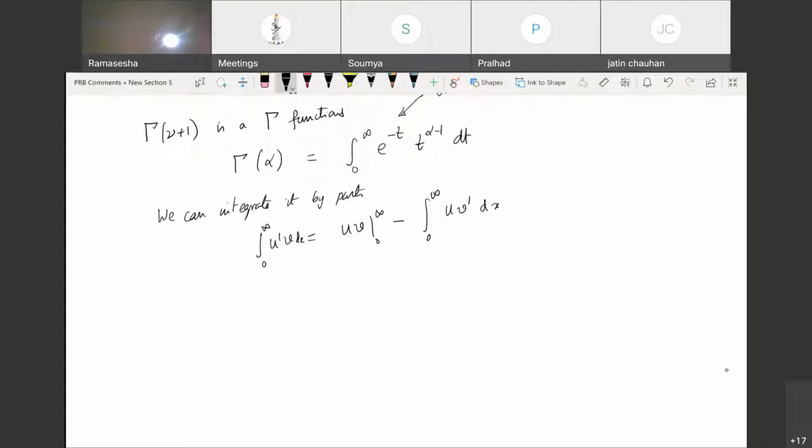E to the minus dt is actually minus e to the minus t, right?